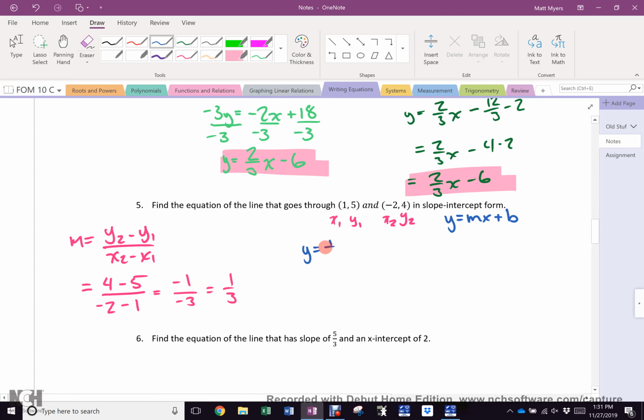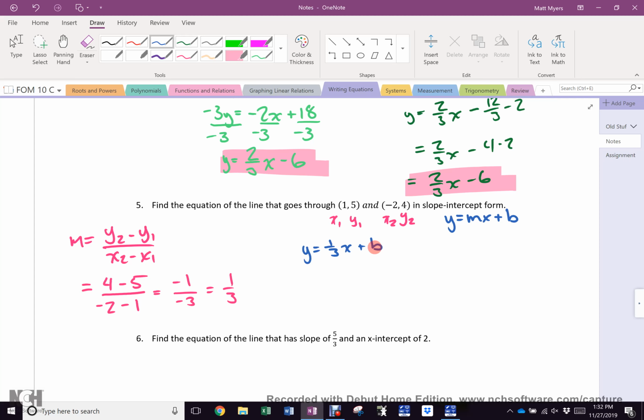Y equals 1/3 x plus b. How do I find b? Because right now we have 3 letters in this equation, right? We only know how to do algebra when there's how many letters? 1 letter, right? You can't do algebra with 2 letters.